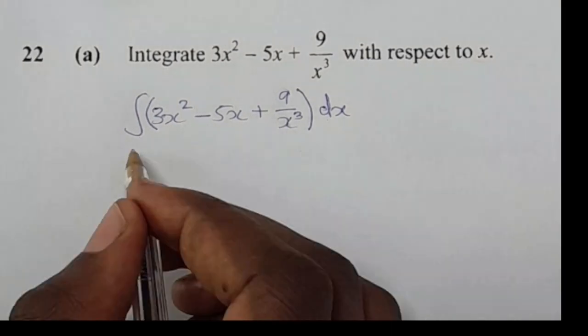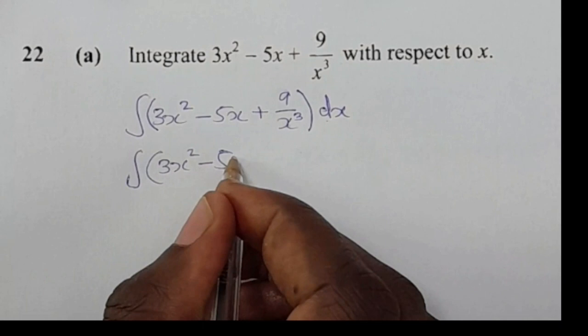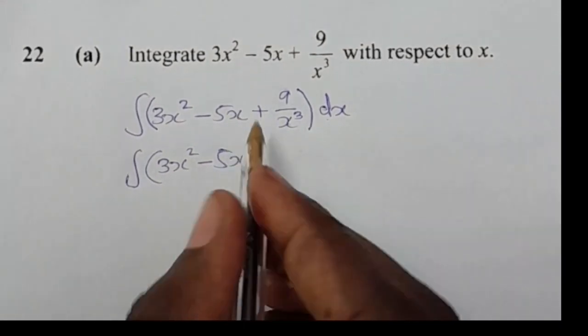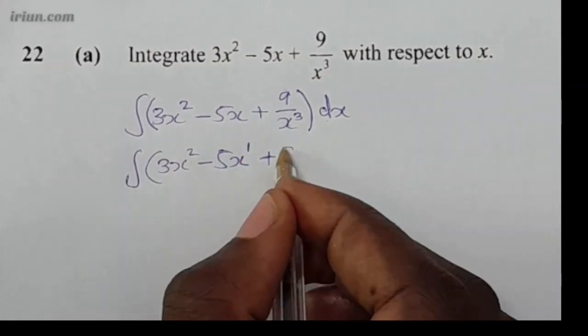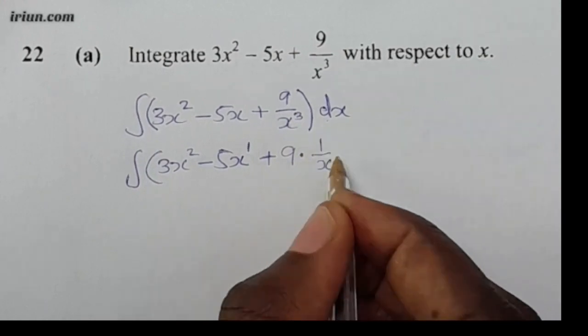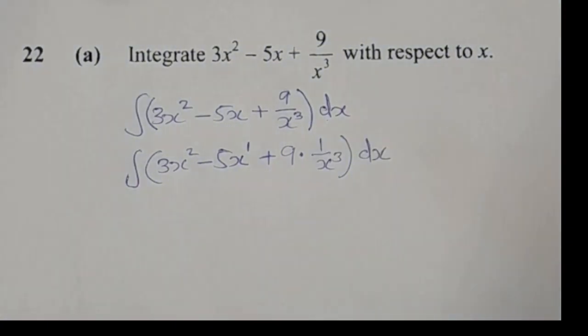So we're going to have 3x squared minus 5x. The power for x here is 1, plus this is same as 9 times 1 over x cubed. Then we are integrating with respect to x like that.